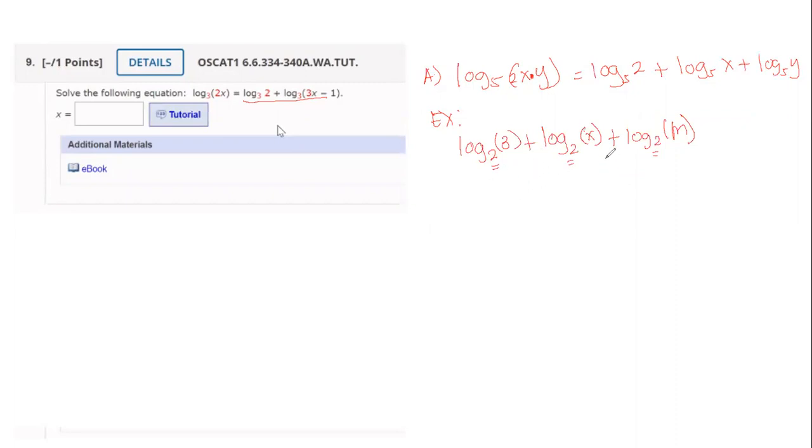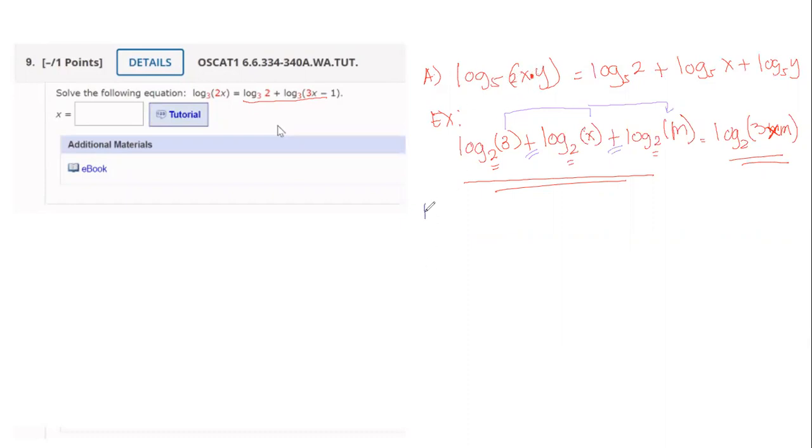Then also it's all addition in between them, so all 3 arguments can be multiplied. So this is equal to log 2 of 3xm. From expanded, you make it compressed, and now you only have one log 2 to work with. That's one example when you have multiplication in between.